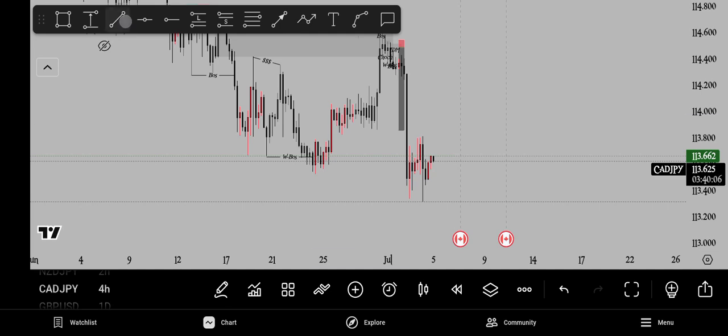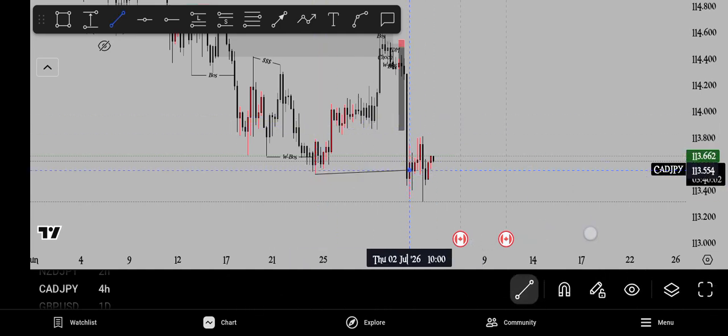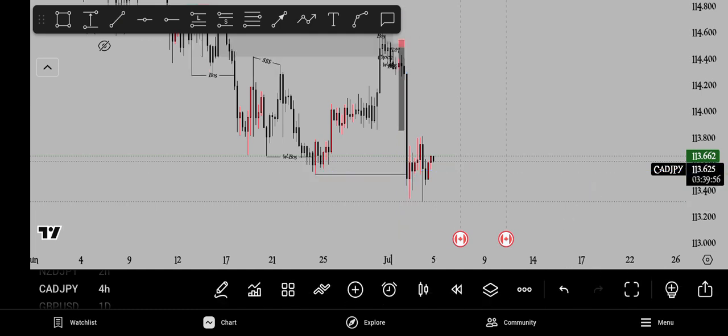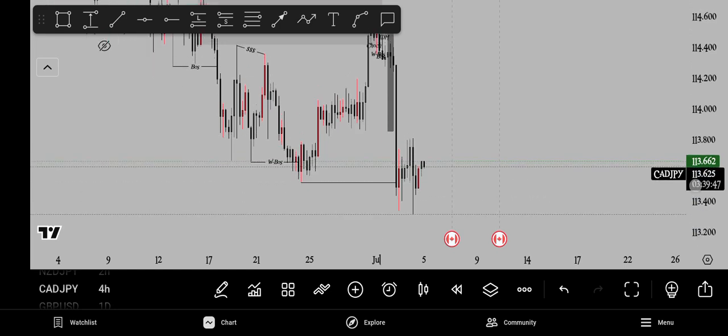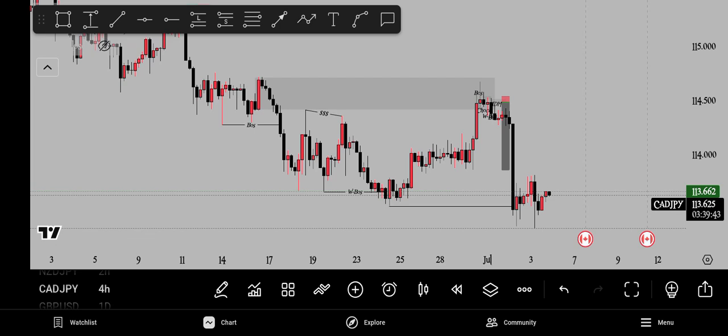As you can see, this is the draw on liquidity price took. So this was a missed entry.